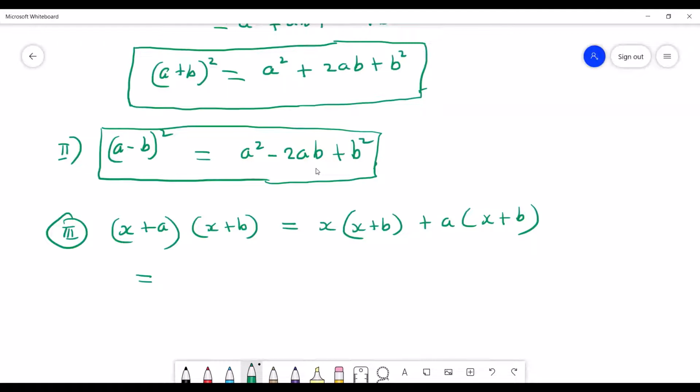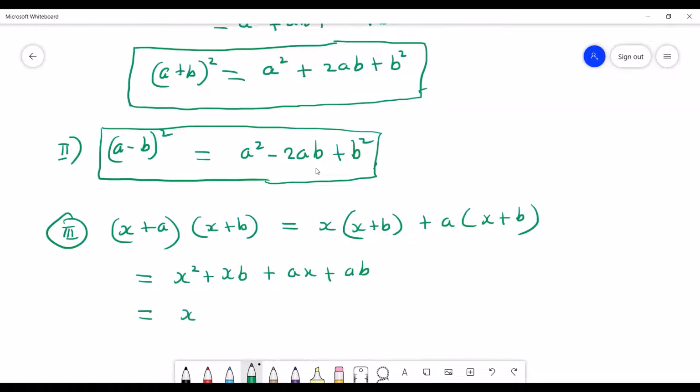So we multiply x and (x + b), we get x square, then x and b, we get xb, then we get ax plus ab. And xb and ax we can write as xa or ax, and bx otherwise xb.